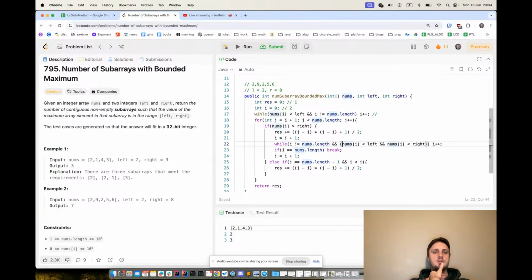Here is false. So I'm not going here, not going here. j would be equal to 3. And then I go here and calculate this one. So here my i is equal to 2 and j is equal to 4.